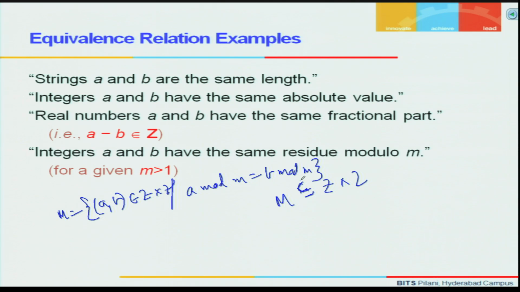The relation is being defined like this: A comma B is going to be in this relation provided the residue of A modulo m is the same as B mod m. When this property is satisfied, then A comma B is in the relation, otherwise not. This is also an equivalence relation.